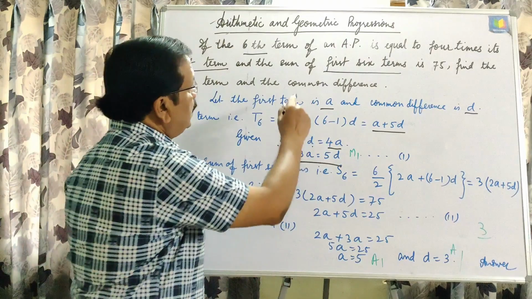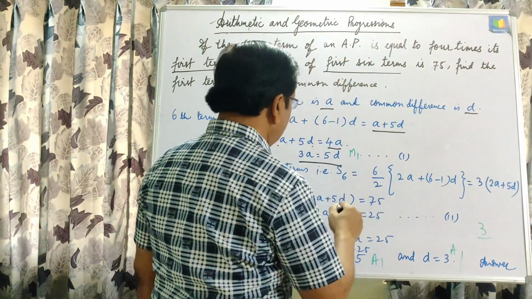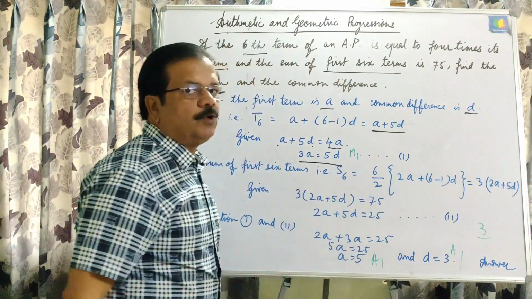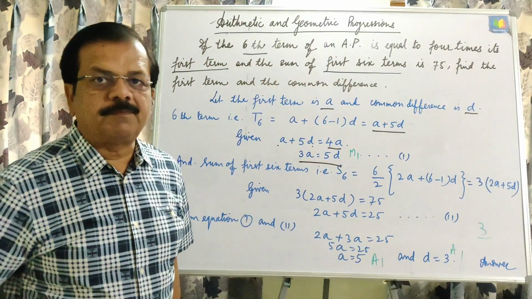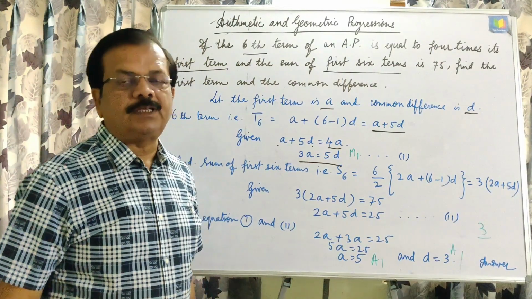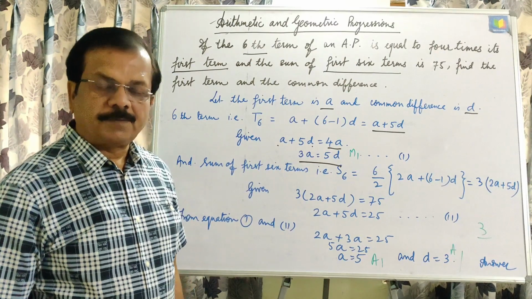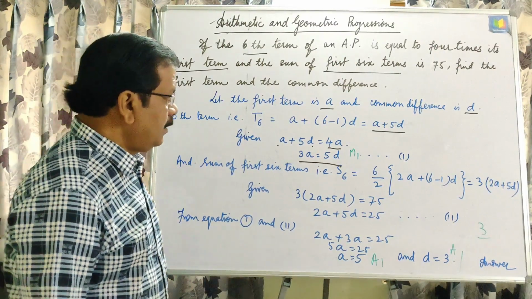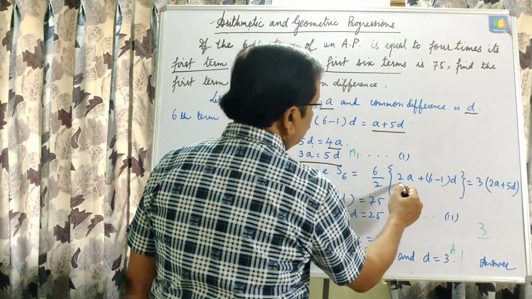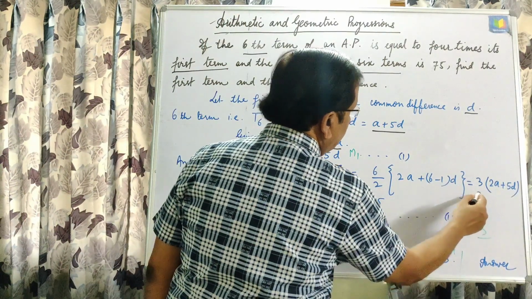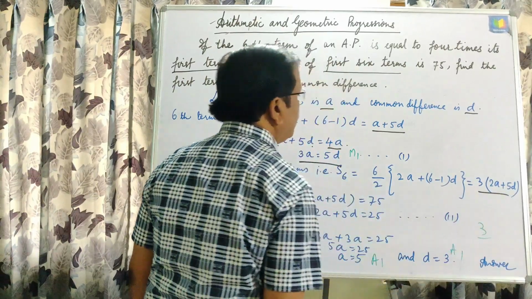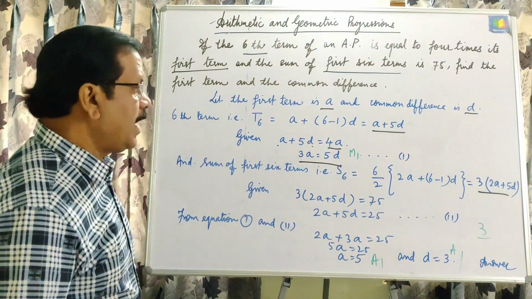Second equation: the sum of the first 6 terms is 75. We know the formula of summation in arithmetic progression, n by 2 within bracket 2A plus n minus 1 into D. Substituting n equal to 6, we are getting 6 by 2, 2A plus 6 minus 1 into D, that is 3 within bracket 2A plus 5D.